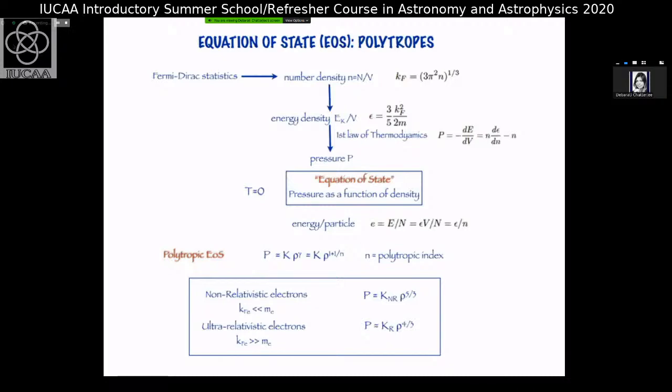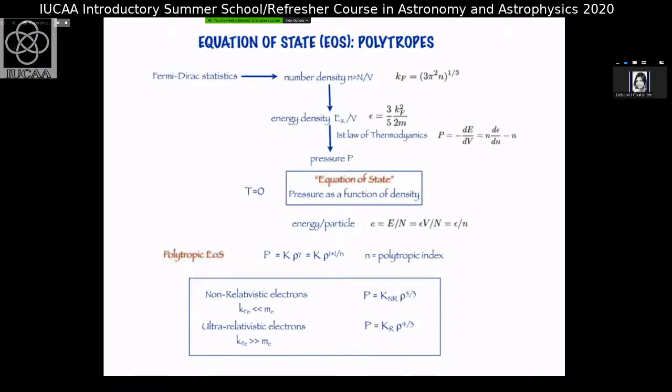This is a very useful notion in astrophysics, because it helps us to derive a number of important quantities related to the thermodynamics of stars. One can also obtain the energy per particle of such a system, which is the energy density divided by the number density.